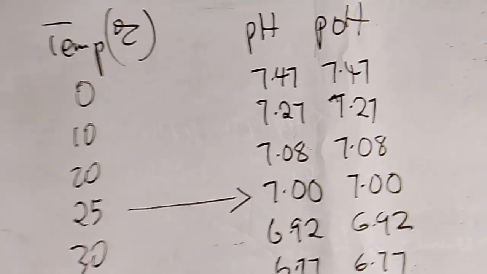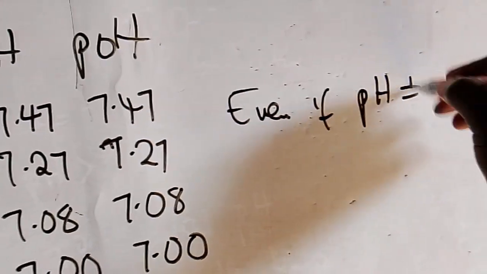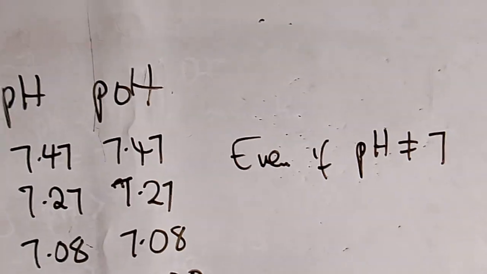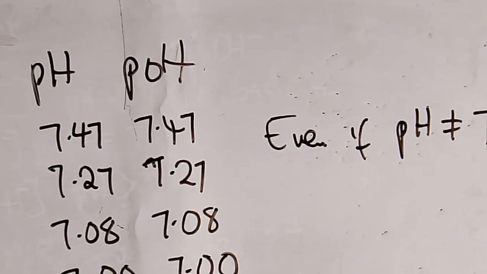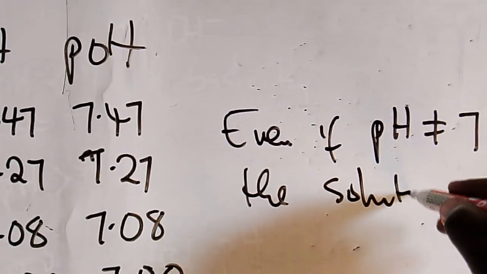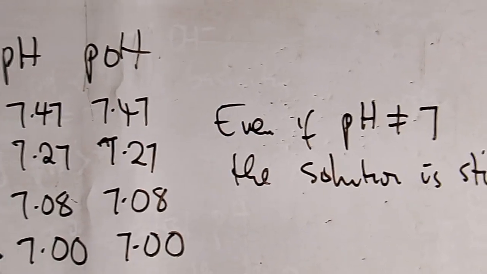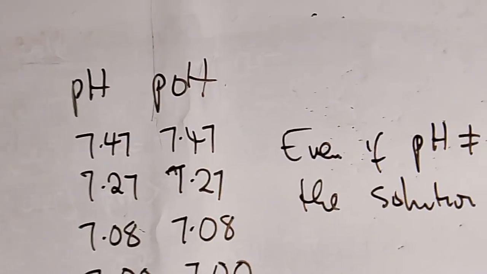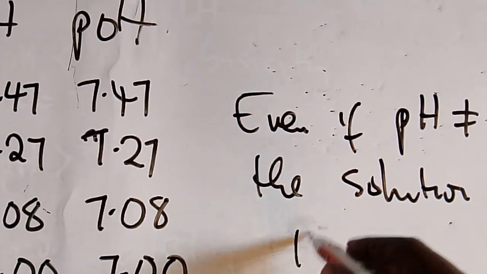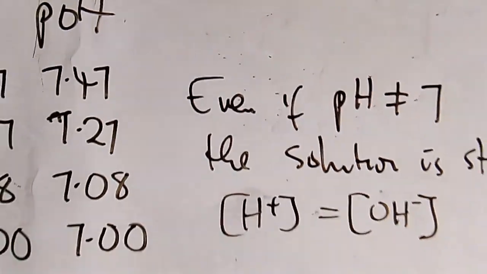Even if the pH is not equal to 7, the solution is still neutral, provided the hydrogen ion concentration is equal to the hydroxide ion concentration.